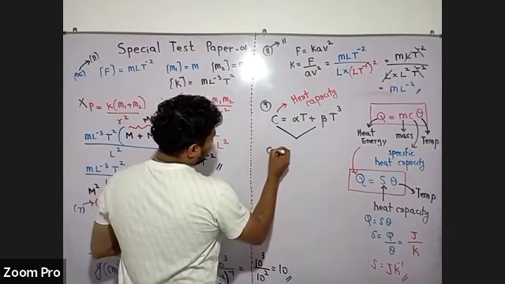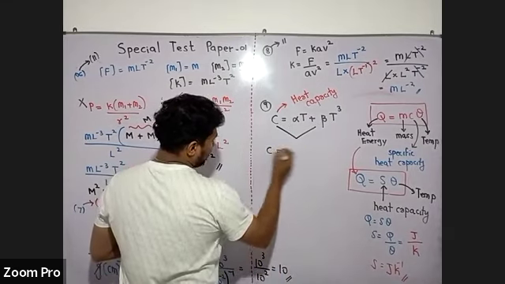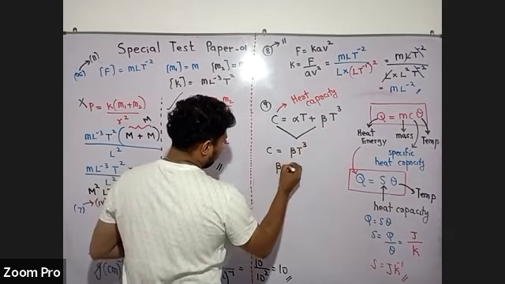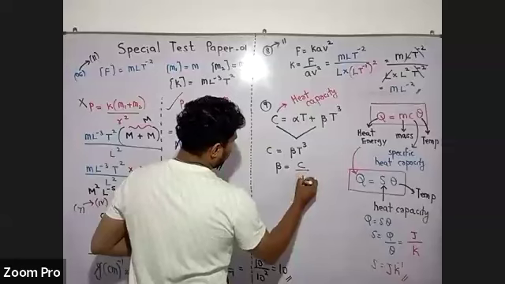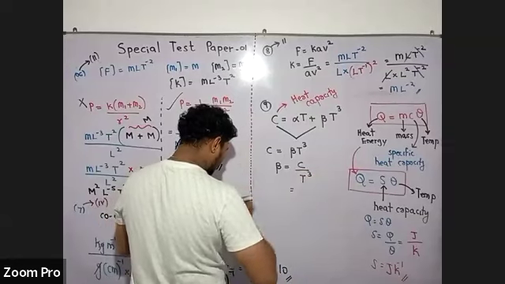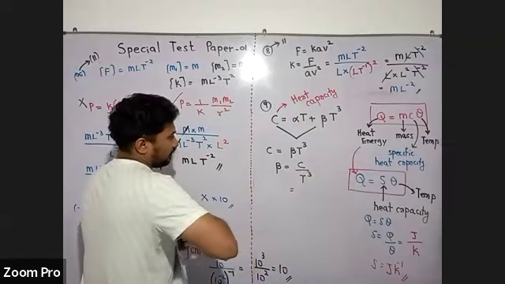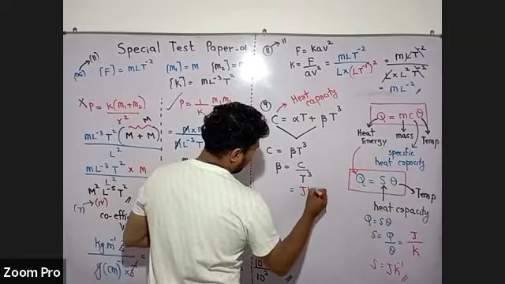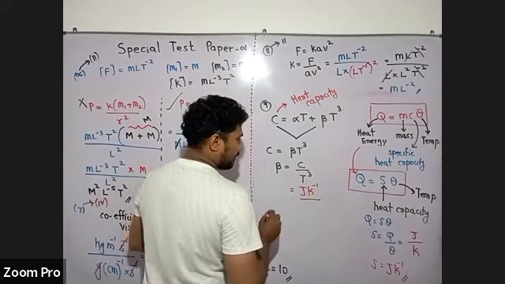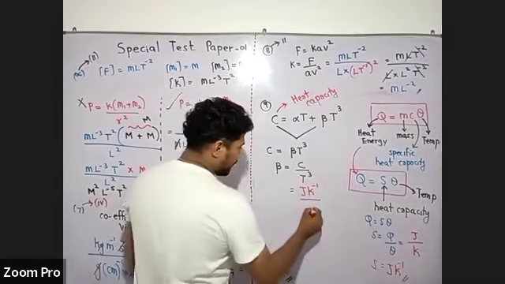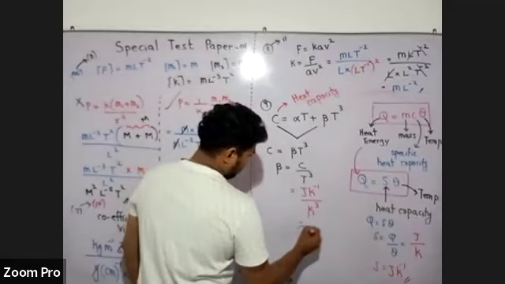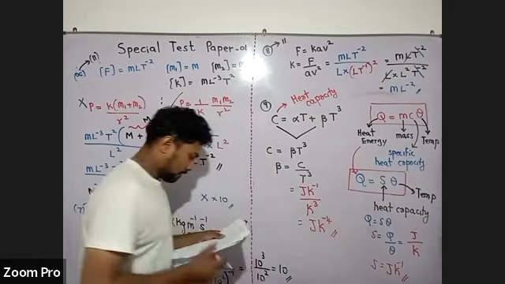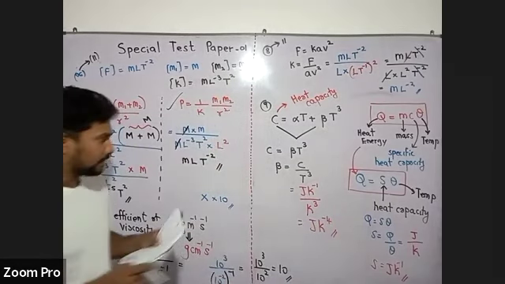The units of C should be equal to theta times T, so theta equals C over T. If I substitute the units, C means heat capacity, so that is J K^-1. T means temperature, which should be substituted as Kelvin. So the answer should be the fifth one, right?